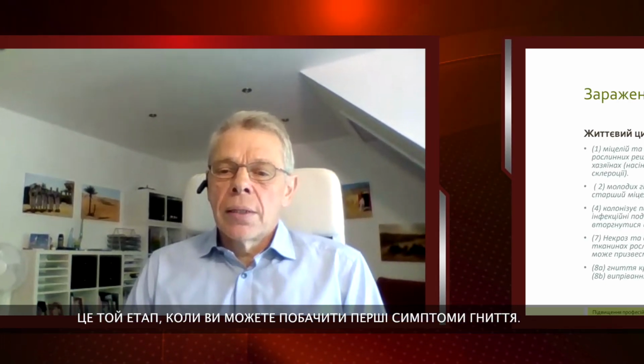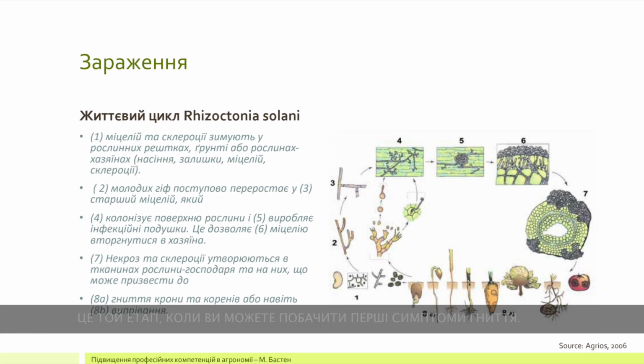This infection cushion develops enzymes which break the cell walls of the host plant, the sugar beet root, and then the hyphae of the Rhizoctonia fungi penetrate the root and beet tissue quite deeply. That's the stage when you can see the first symptoms of rotting.